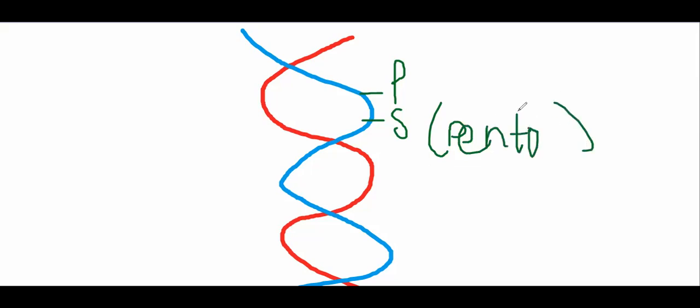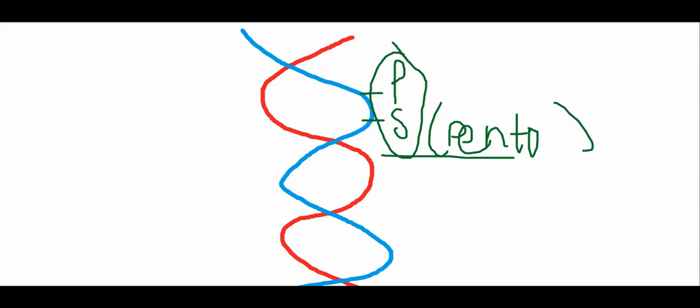Of what is this DNA made? This DNA is made up of phosphate and sugar. Which sugar? Pentose sugar. So this DNA is made of phosphate and pentose sugar. This phosphate and pentose sugar together form the backbone of the DNA.